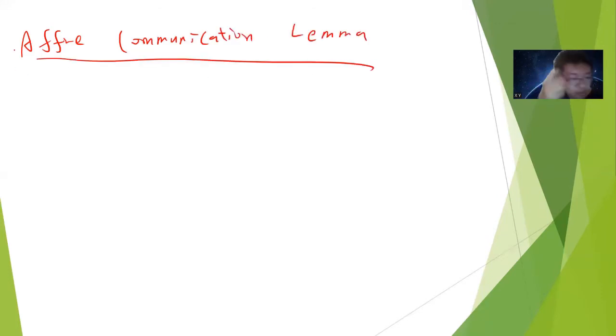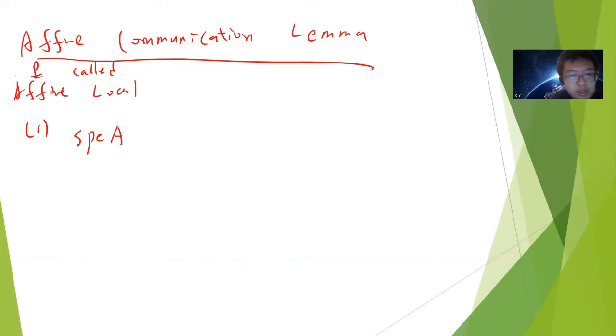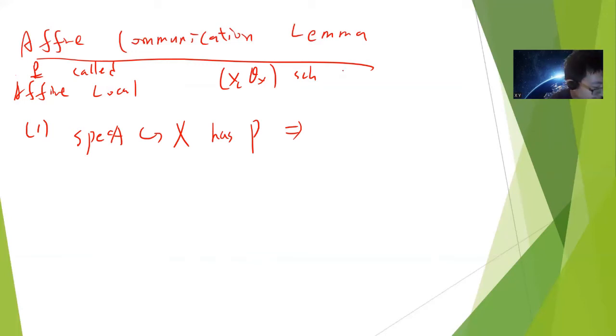Since we have the previous proof, right? The previous tool, so it's very simple. So let's define affine local. If there is a property P, we call it affine local if, first, Spec A in X, let's say X is a scheme, if you have an affine subset in X that has property P, then all the small distinguished open subsets will have it.